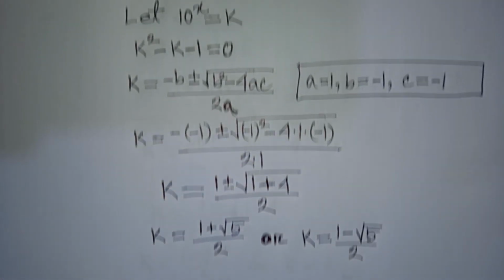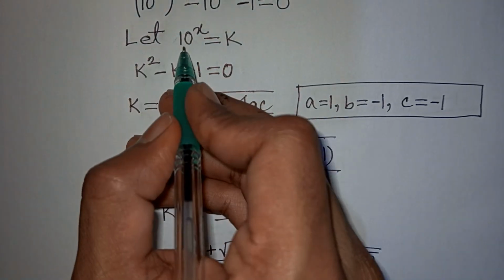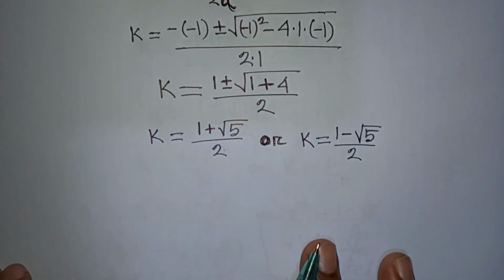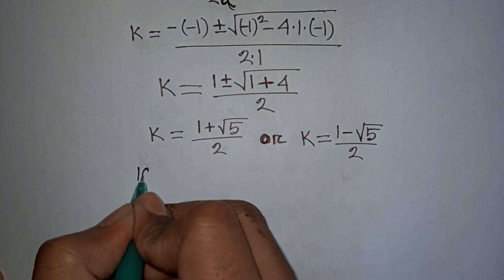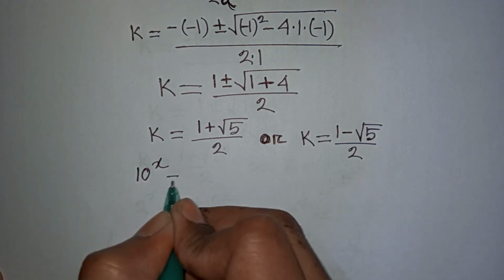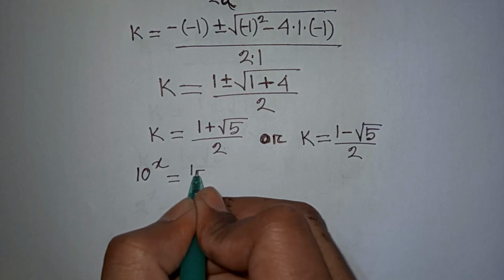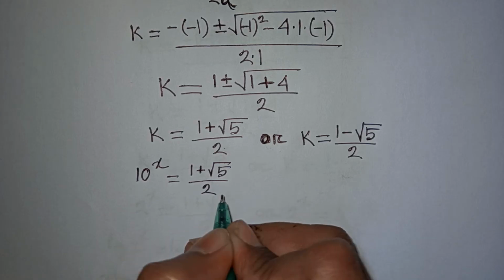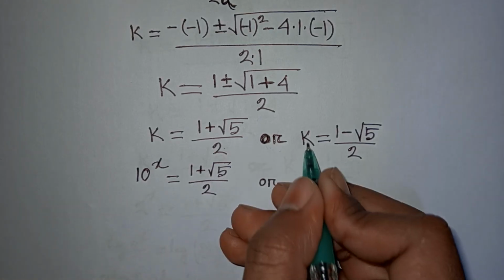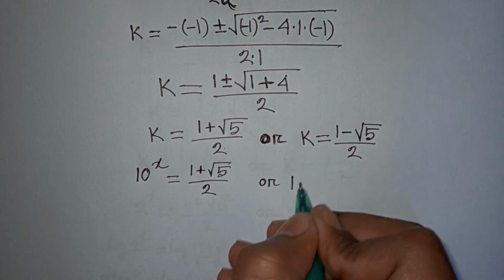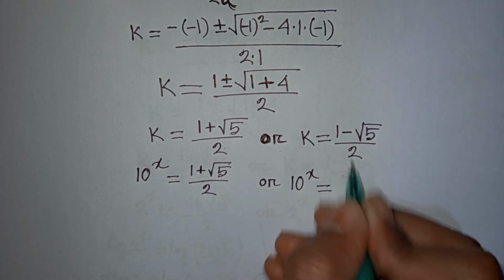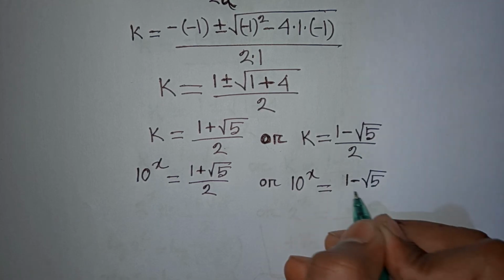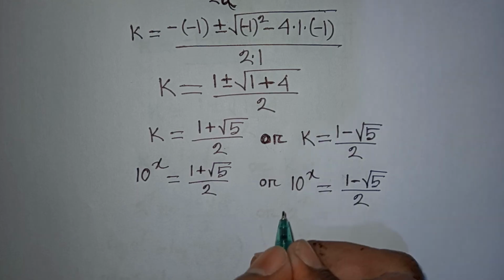Now, remember that we let 10^x be substituted by k. So, k, that means 10^x, is equal to (1 plus square root of 5) divided by 2, or 10^x is equal to (1 minus square root of 5) divided by 2.